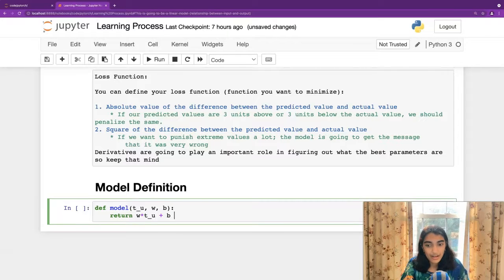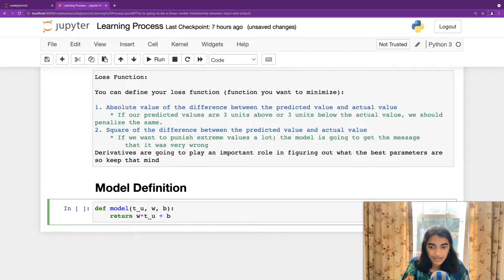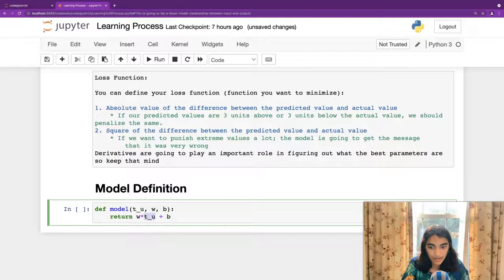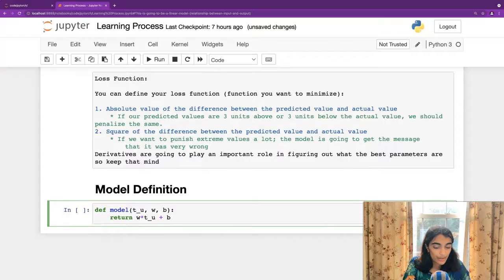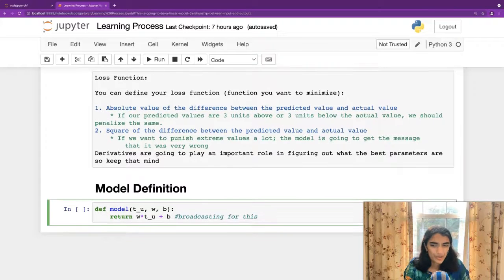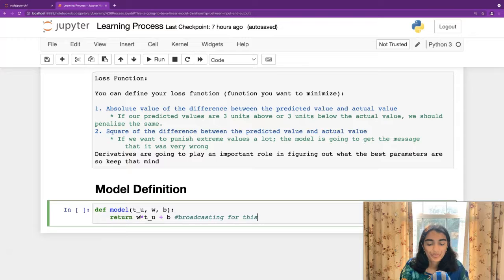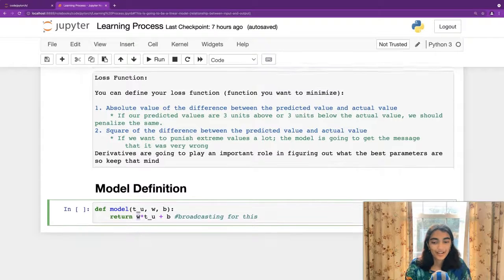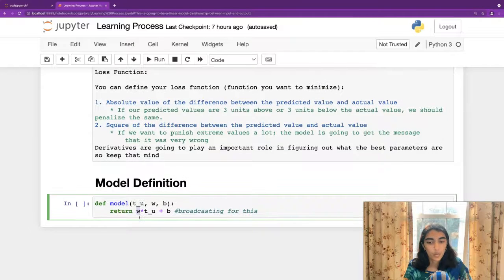You might be wondering how we can multiply these weights by this input tensor. We're going to be using broadcasting for this. And although this is a scalar, you might be wondering why we need broadcasting for it. This is a scalar, but it's like a tensor, right? It's a single element tensor, so we're still going to need broadcasting for this.